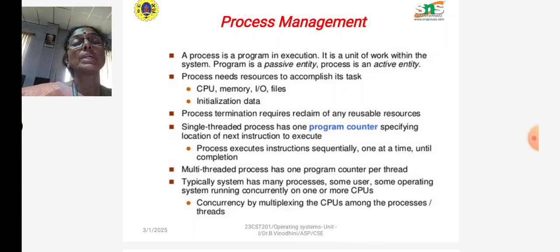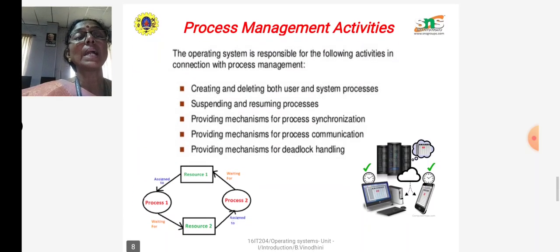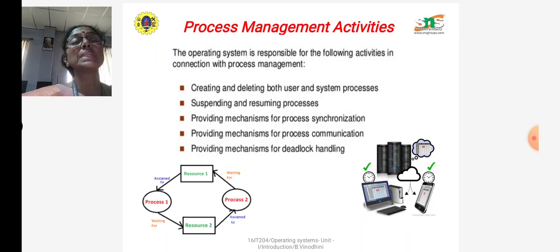In terms of process management, the main activities of the OS are, first, creating processes and threads, and deleting both user and system processes. You know that processes are of two levels: user processes and system processes.